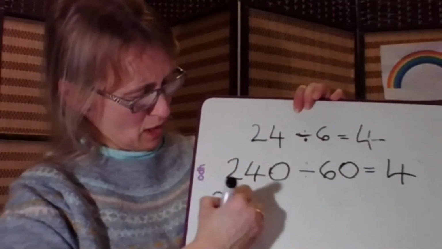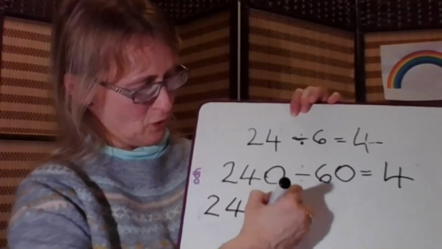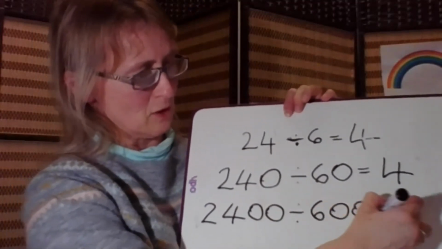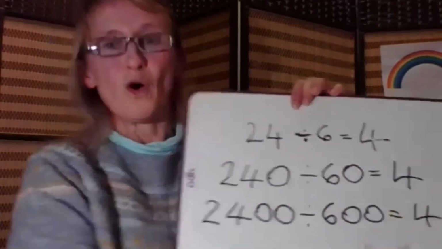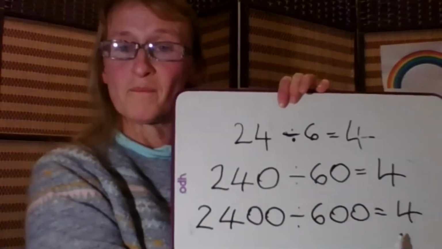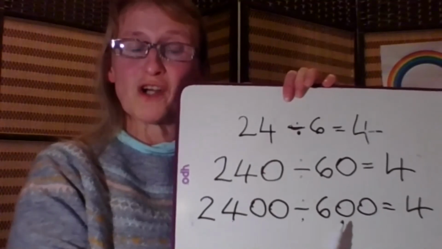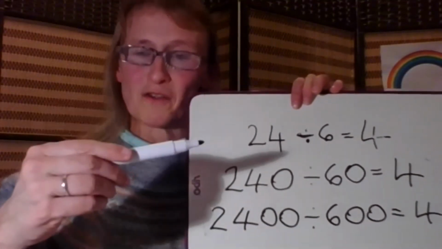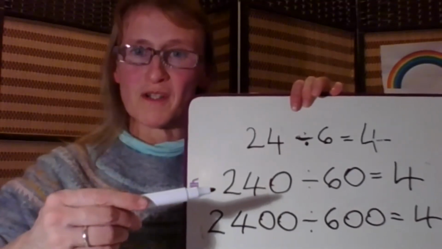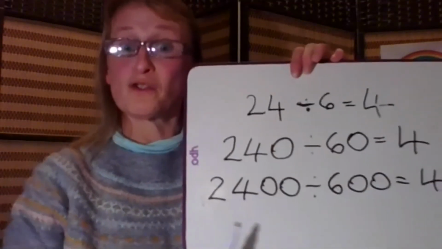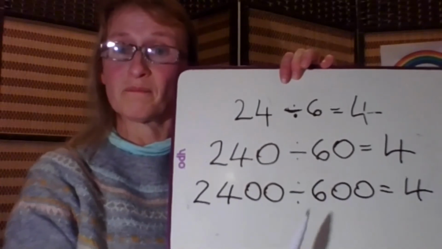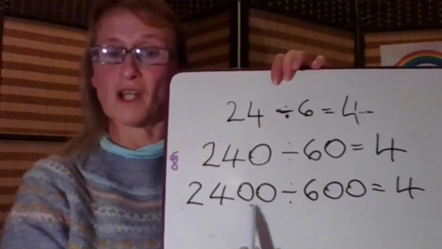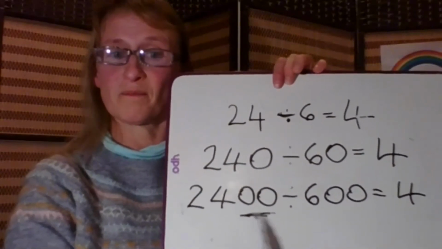So once I know that 2,400 divided by 600 also equals 4. There are 4 600s in 2,400. 600, 1,200, 1,800, 2,400. Can you see there?